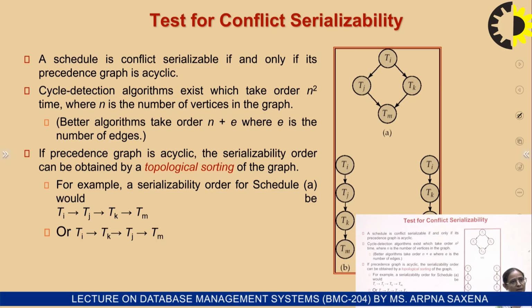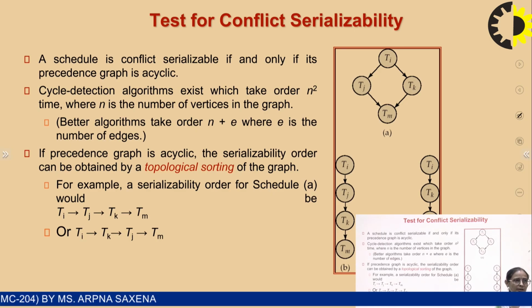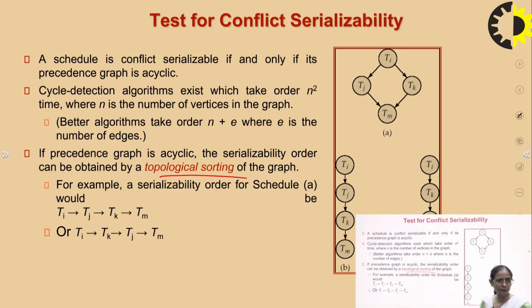Now the question comes, if it does not contain a cycle, in which order are we going to execute the instructions? For this, you run the topological sorting algorithm on the graph, and with its help you will get the order in which you are going to execute the transactions.